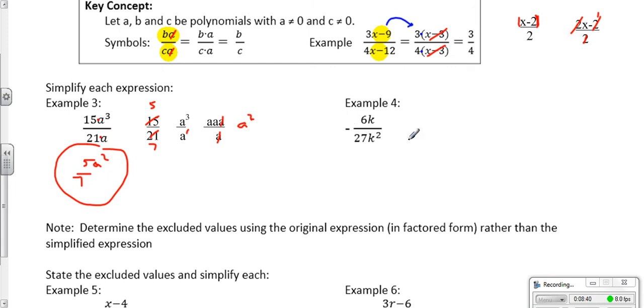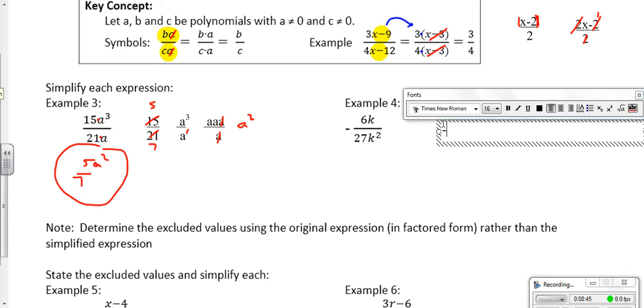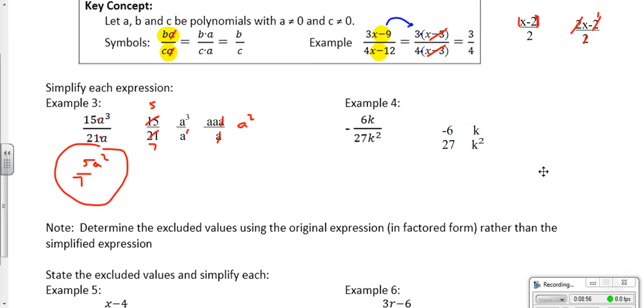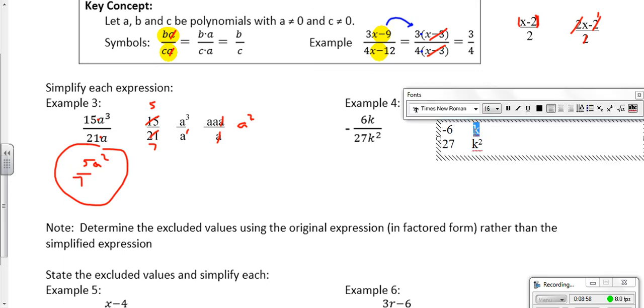Next one, same thing. I'm going to separate them. I'm going to write negative 6 and then k, and then I'll have 27, so I applied the negative to the 6, and then I'll have k squared. And these are two separate fractions now, and I'll put them back together at the end.